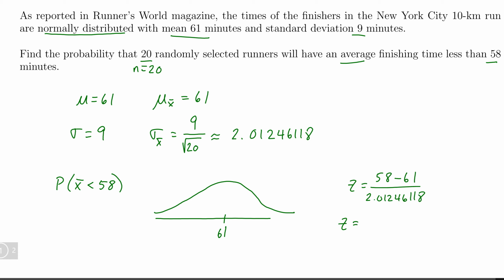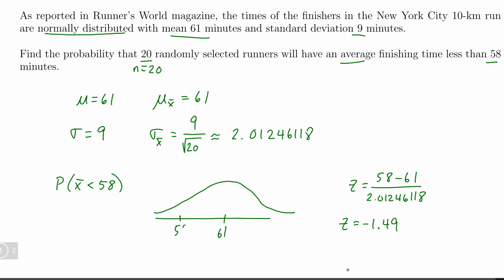Remember that we're still looking values up on the standard normal distribution table, so we still need the z-scores to be rounded to the nearest hundredth. This z-score comes out to negative 1.4907, etc., so we'll round that to negative 1.49.